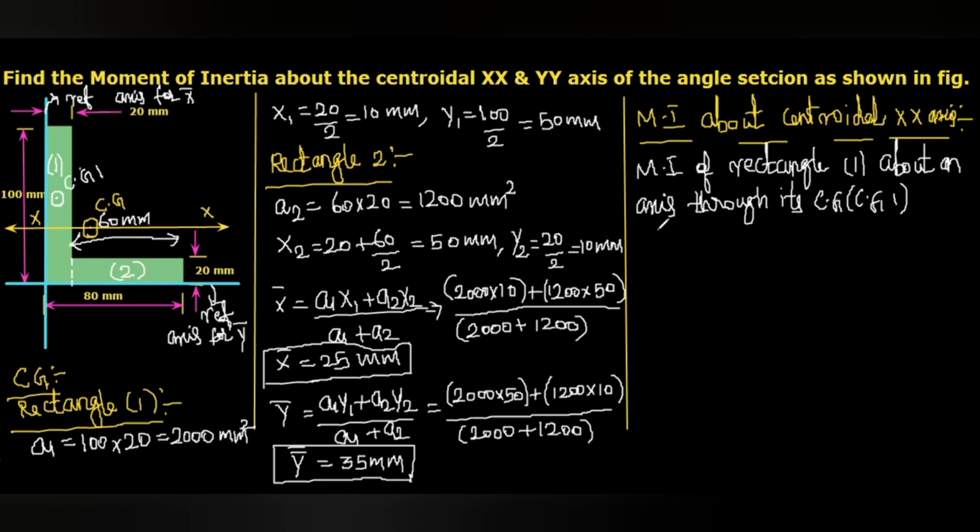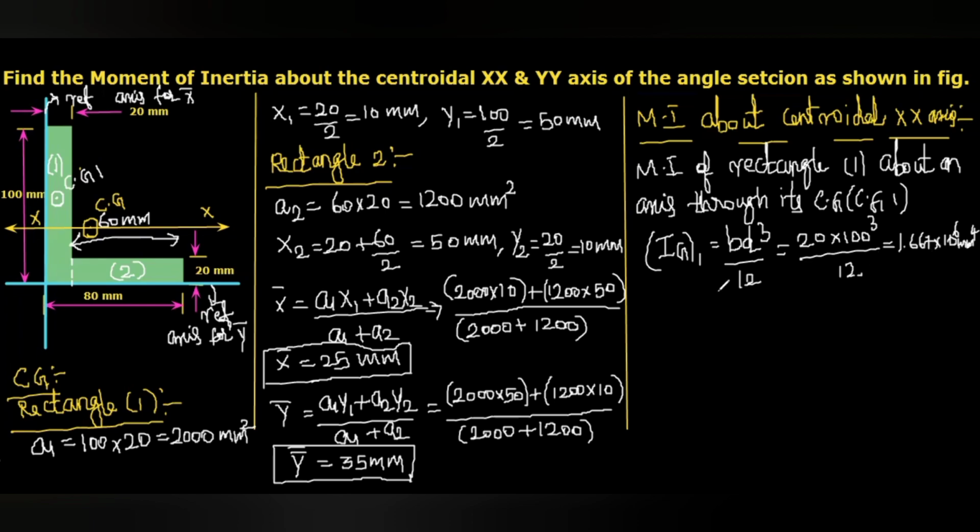Okay, that we can write IG1 or IG of the rectangle 1, that equal to B d cube divided by 12. Okay, so here B, that is 20, and D, that is 100. So we can write 20 multiplied with 100 cube divided by 12. By the simplification, we got the value 1.667 multiplied with 10 power 6 mm power 4.